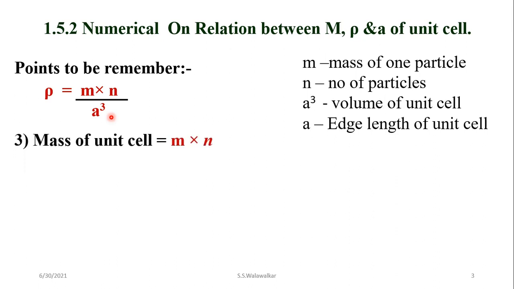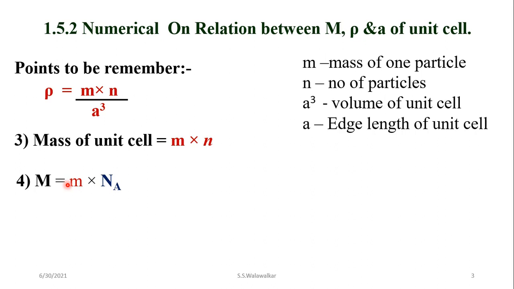Then to calculate the mass of unit cell, you should know this formula, that is mass of unit cell is equal to m into n, where m means mass of one particle and n means number of particles. Then this relation is also important, where capital M means molar mass.